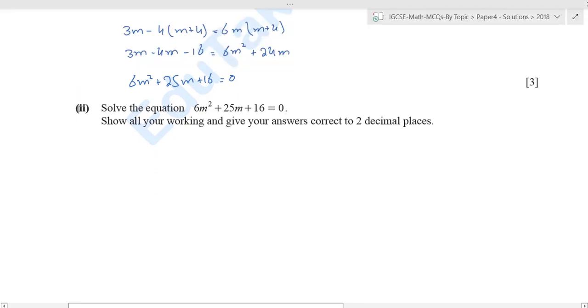Next is part 2. Solve the equation 6m square plus 25m plus 16 equals 0. Show all your working and give your answers correct to 2 decimal places.